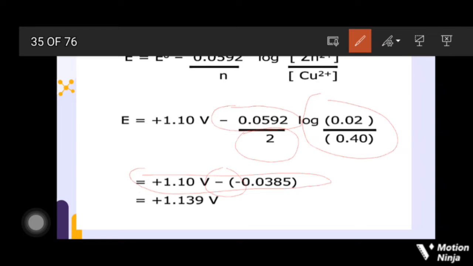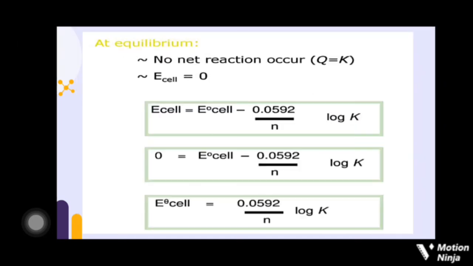You need to change it into positive and add it all. So the answer will become positive 1.139 volts using the Nernst equation.